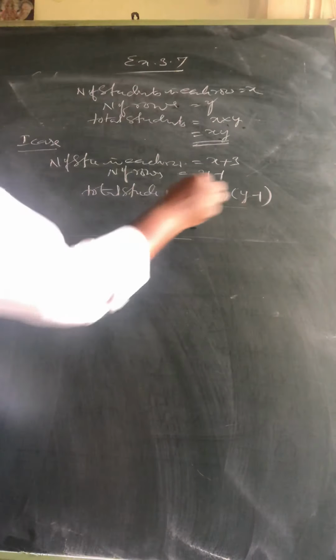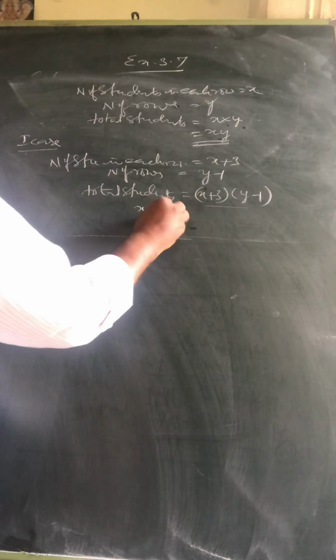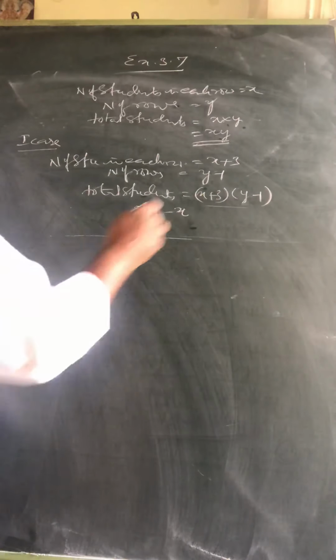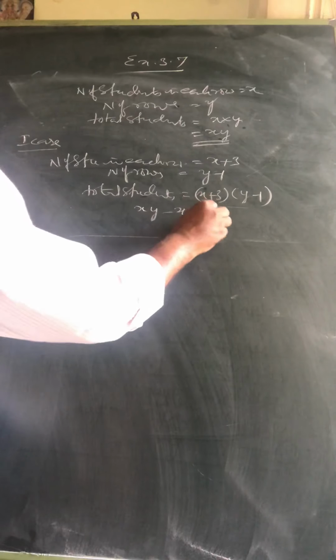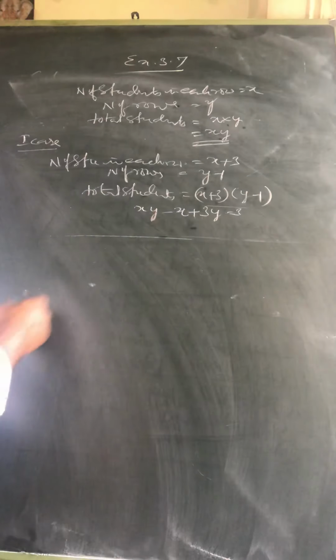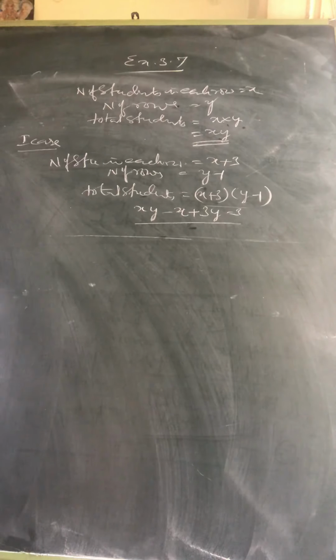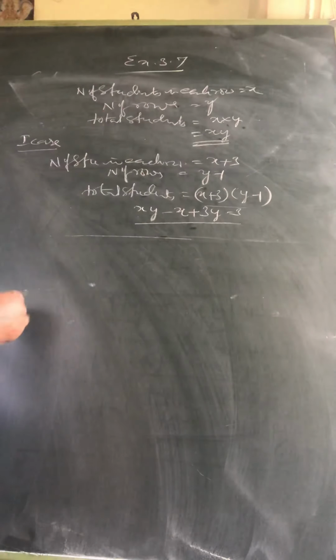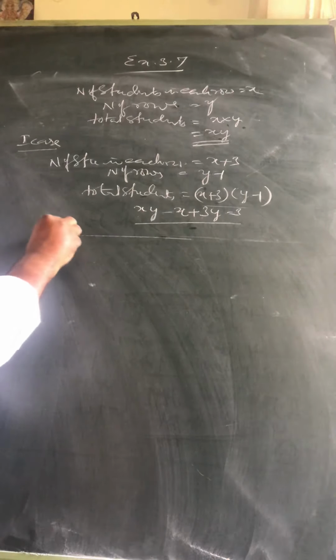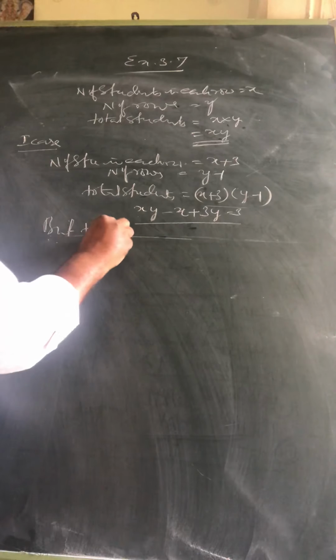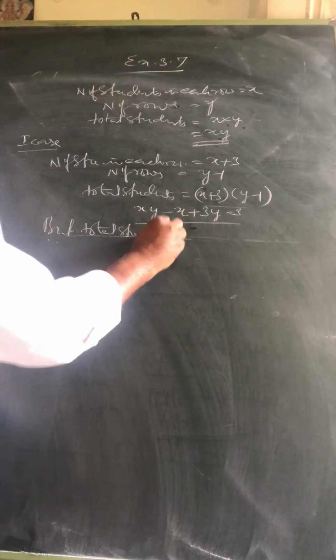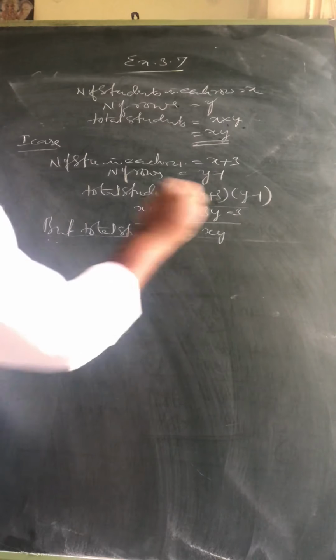So that is equal to xy minus x plus 3y minus 3. This is the total students. So these total students must be equated with this. The total students are xy.